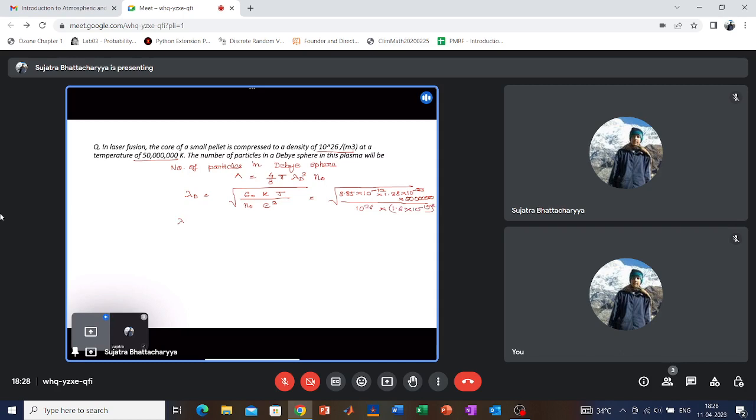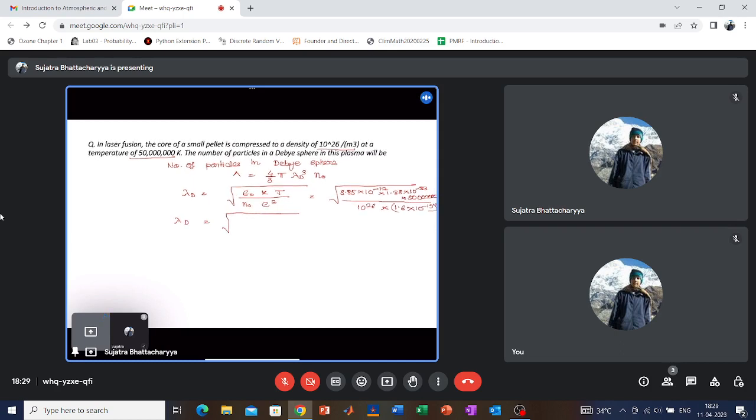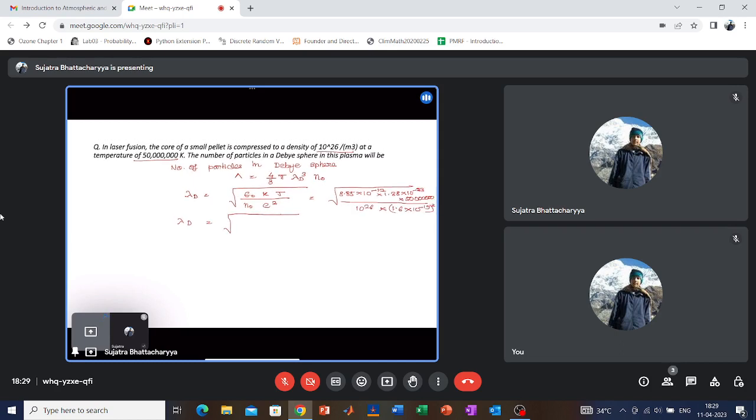Therefore, this lambda D, if we solve it further, I just separate out some particular things like 8.85 into 1.38 into 5, divided by 1.6 into 1.6.